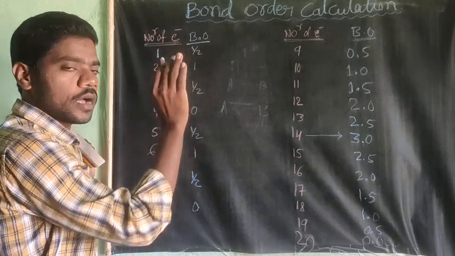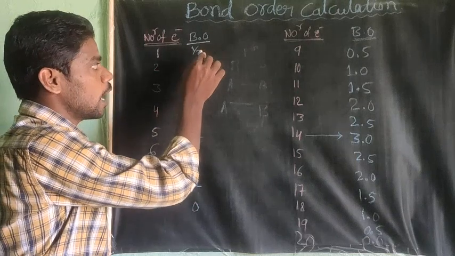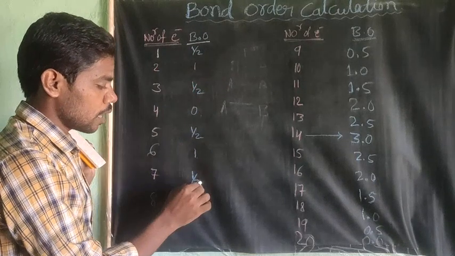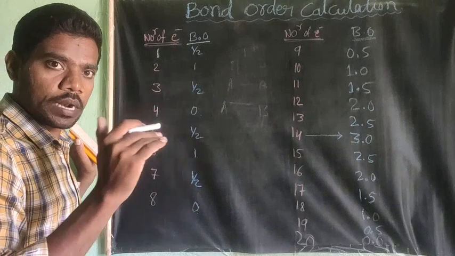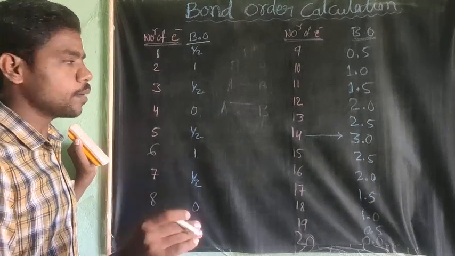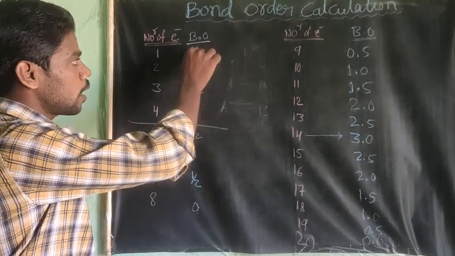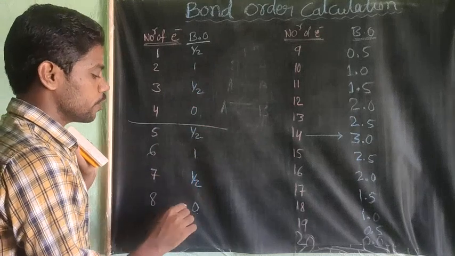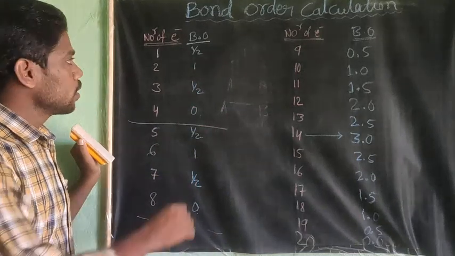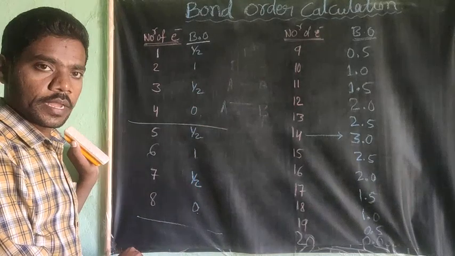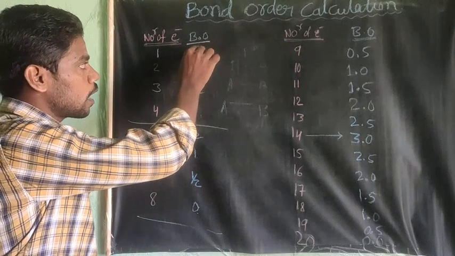To remember the bond order, it is very important: half 1, half 0. Half 1, half 0. You remember it like this: for 1 to 8 electrons, it goes half 1, half 0.